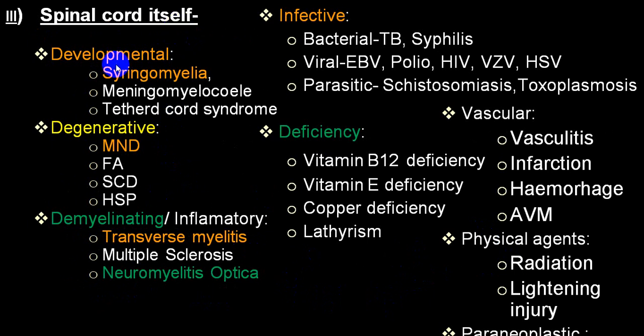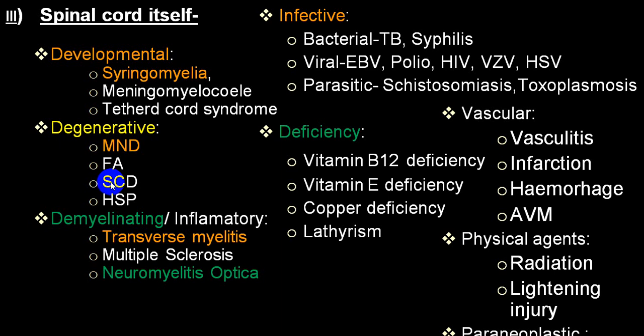The spinal cord itself can be involved in developmental defects like syringomyelia, which is a central canal lesion with gradual dilatation of the central canal. You can have congenital defects like meningomyelocele or tethered cord syndromes, spina bifida, etc. Degenerative disorders like motor neuron disease.